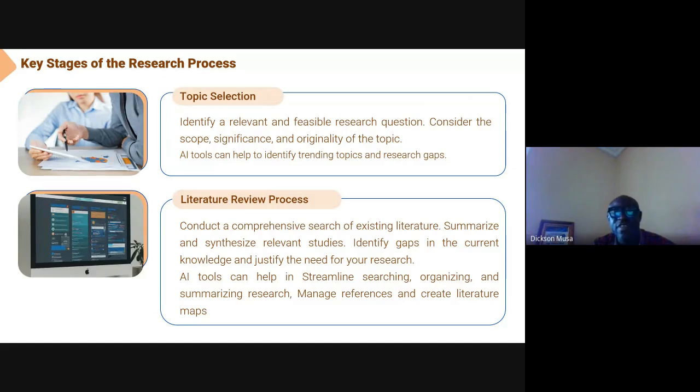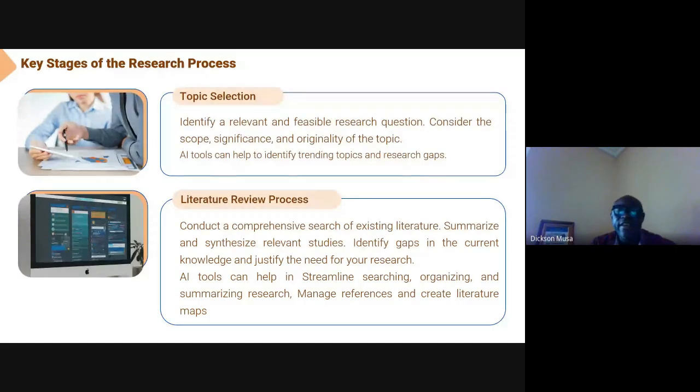There are AI tools that can help you do these things seamlessly by identifying research gaps in the research area you want to study and help you to design a topic that will fill those research gaps. So that is a key stage in the research process: topic selection, and AI can be used in this.